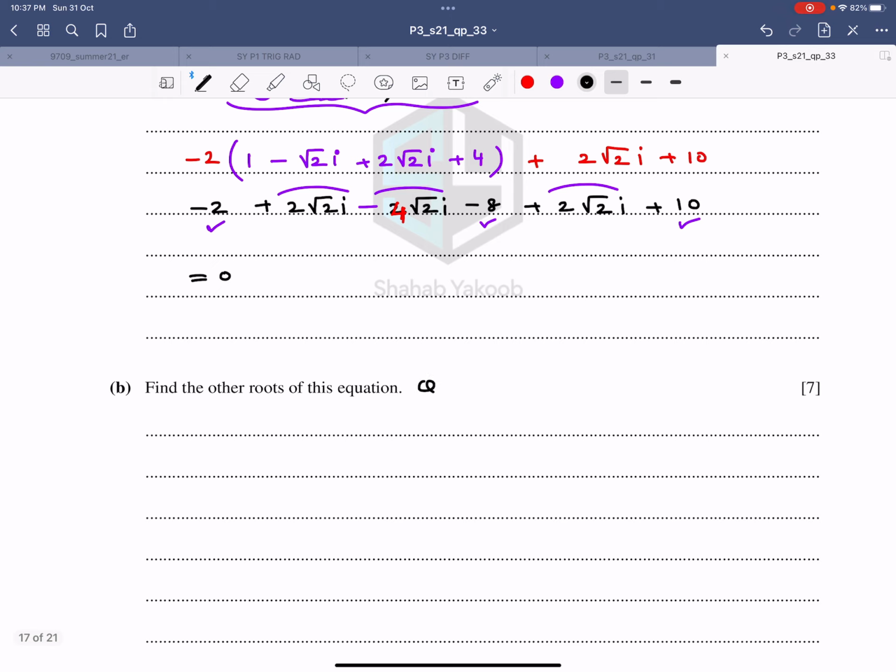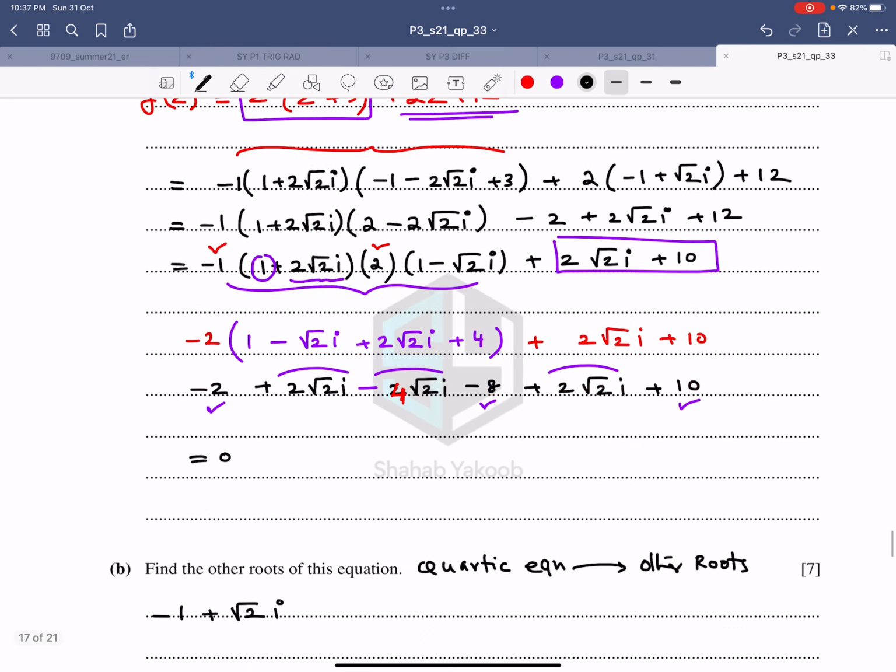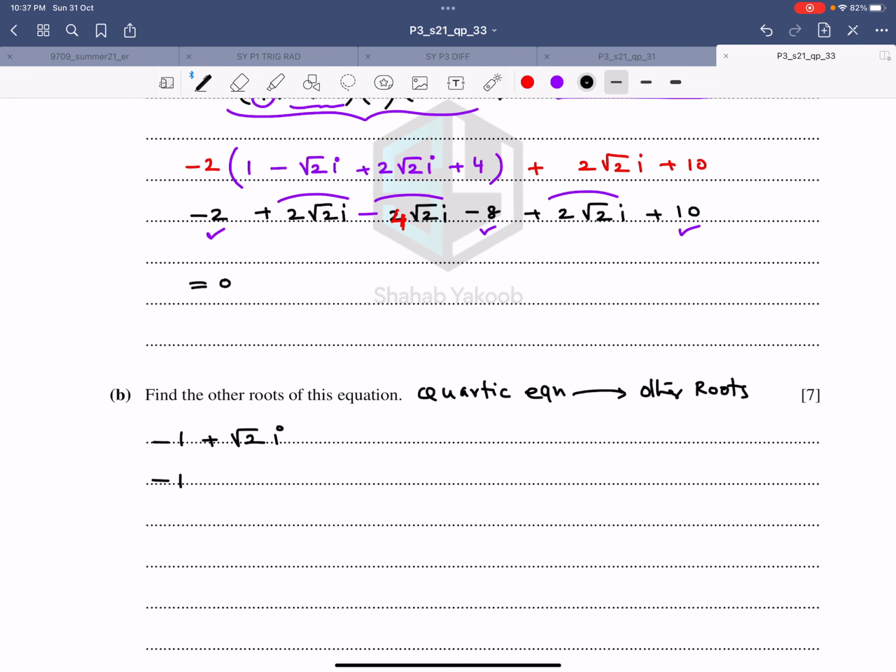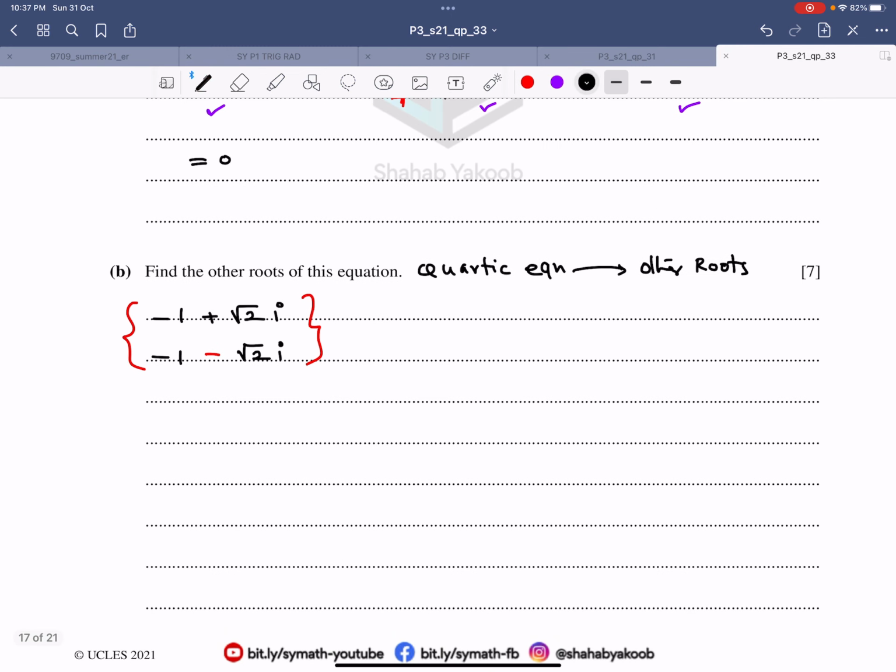Now it's a power 4 quartic equation, and we are looking for the other roots of this equation. First of all, minus 1 plus root 2i, that is what we started with. That is one of the roots. Minus 1 minus root 2i, with a negative sign, that is the concept of conjugate, that is the other root. So therefore, let me form a quadratic out of it. z minus minus 1 plus root 2i, z minus minus 1 minus root 2i.